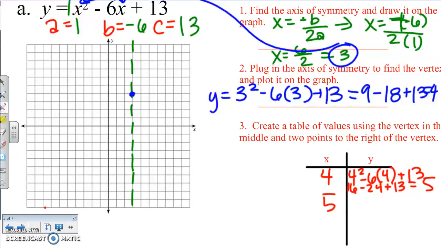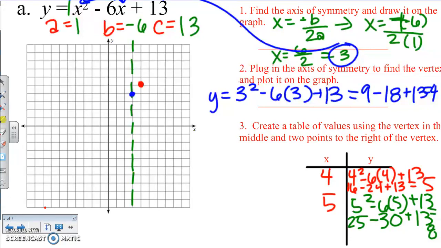So I've got a point at 4, 5. And then if I plug in 5, I'm going to have 5 squared minus 6 times 5 plus 13. That's going to give me 25 minus 30 plus 13. That will give me 8. And then a point also at 5, 8.